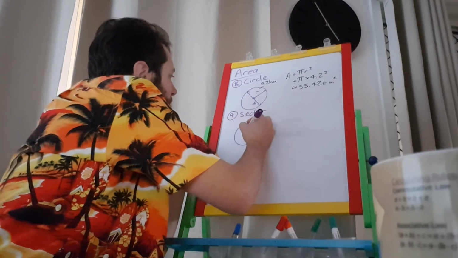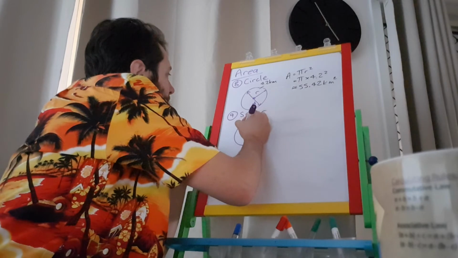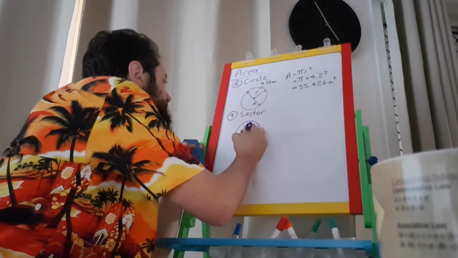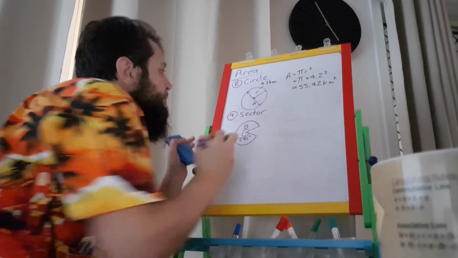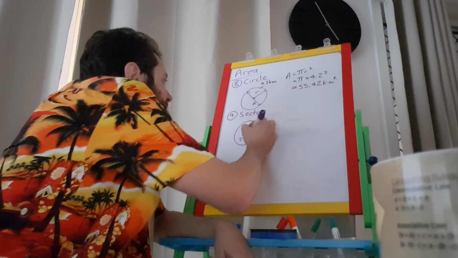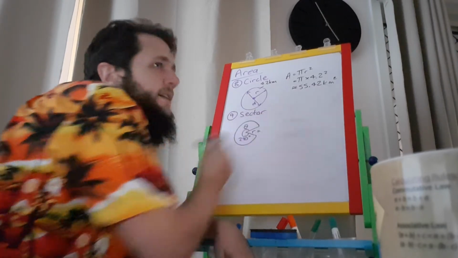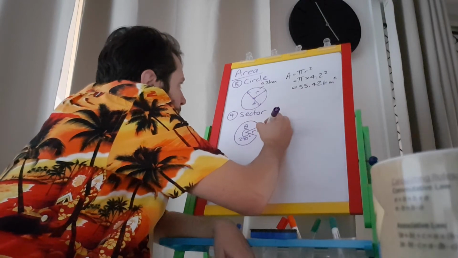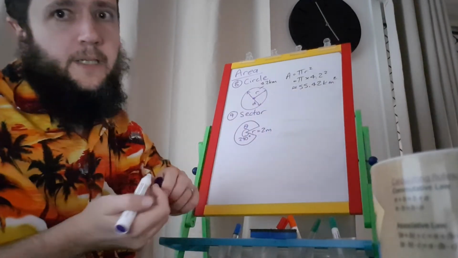And I might make that. That's what we call theta, the angle that's within it. I might call this one 290 degrees for the purpose of our example today. And we also have a radius, and in this case the radius I will make, we'll just make it 2 meters to keep it interesting.